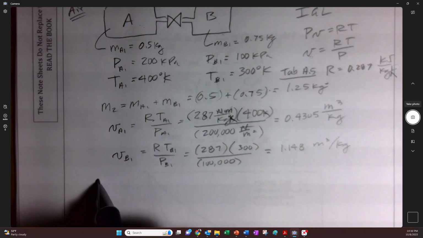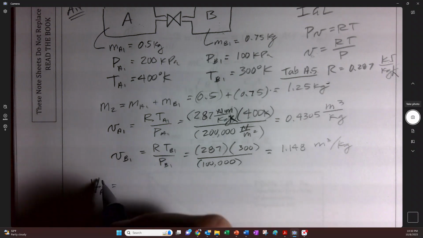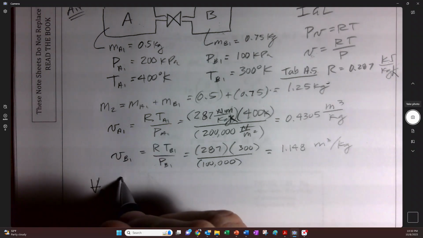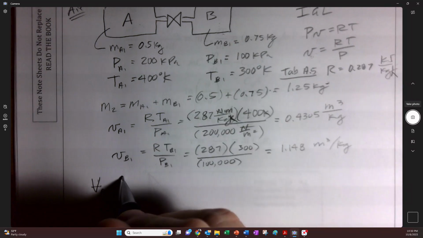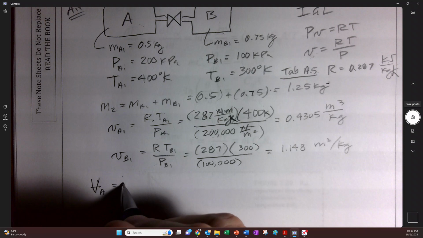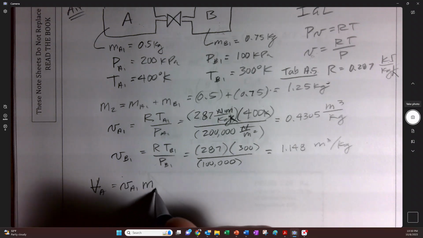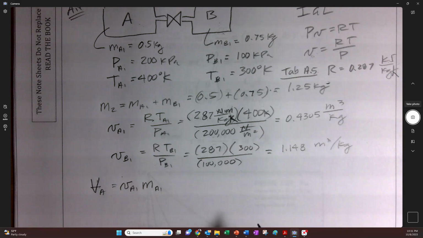So let's see, if we go right over VA, and that's not VA1 because it's always going to be the same volume. Let me think of that here. My mind isn't working. I have to multiply, right? VA1 times MA1.